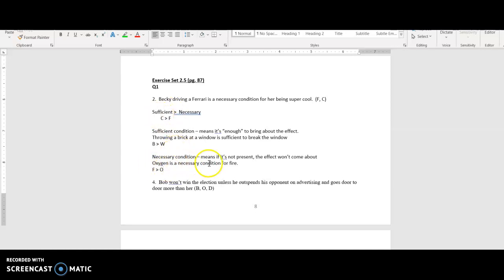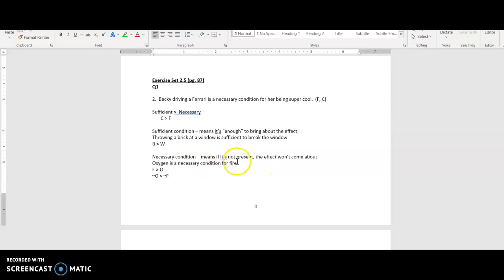So notice oxygen is the necessary condition here, it comes here. Now another way you could say that is if there's no oxygen, then there can't be any fire. These two sentences are equivalent. But because this one involves negations, it's easier to stick with this one by putting the necessary condition into the consequent of the conditional.